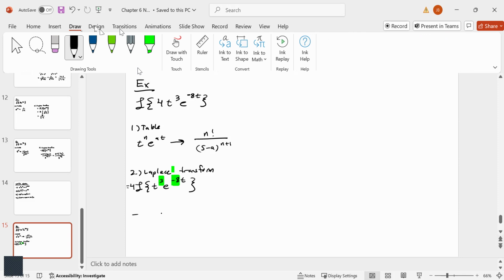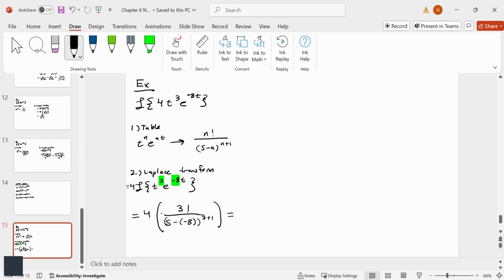And we notice that we have 3 and we have -8 right there. So this is going to be equal to 4 times, so the factorial is going to be the exponent of the polynomial. So it's going to be 3 factorial over s minus -8 to the 3 plus 1, like that.